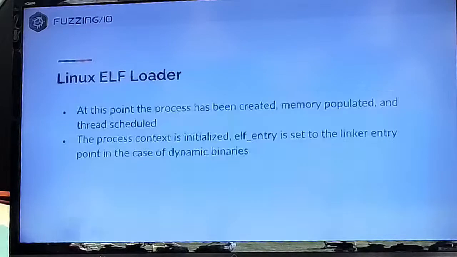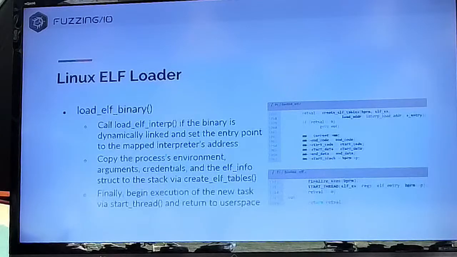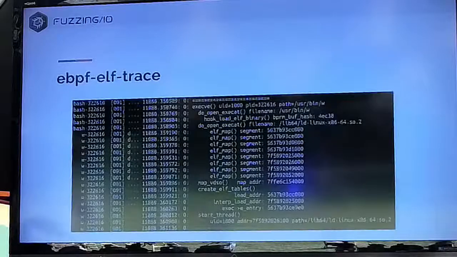Okay, so once you go through this process of loading the binary and getting it mapped in, here's the output of my tracer. I'm showing that it's executing a process. Here's your user ID and the process ID. In this case, I just ran the who or w program. It followed it through the do_open_execat function call, then the load_elf_binary.